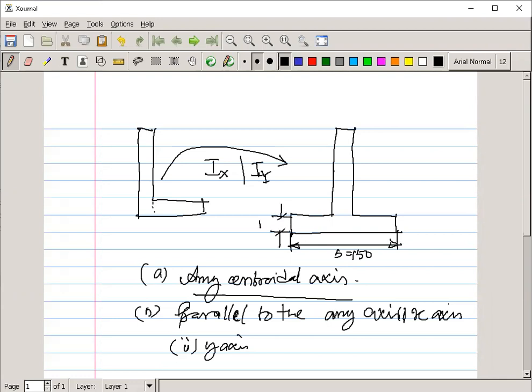Take this as D 50, take this 100, and consider this one as 1, and this one is 2. Consider this as 50.